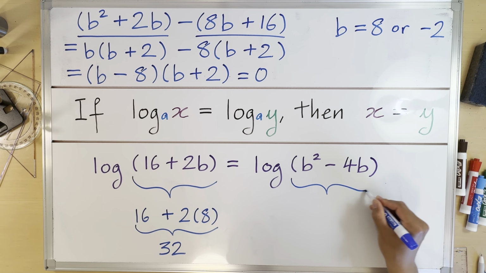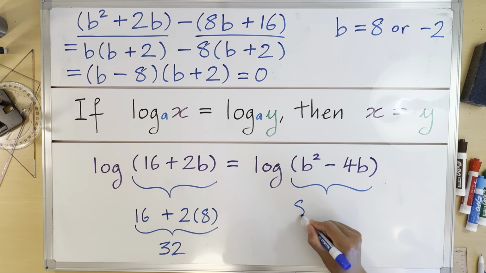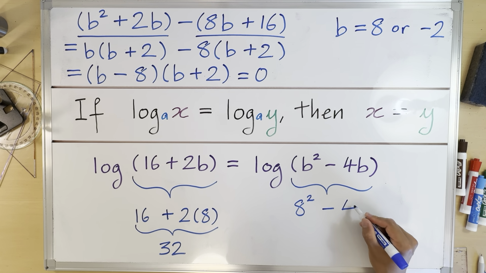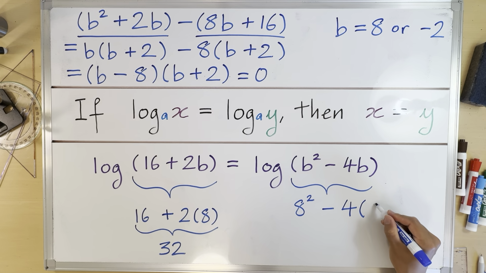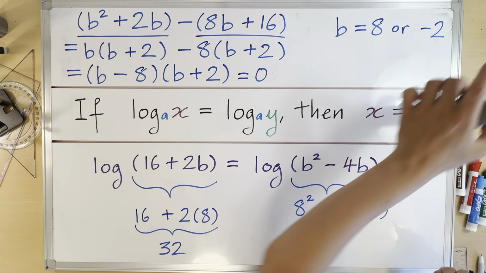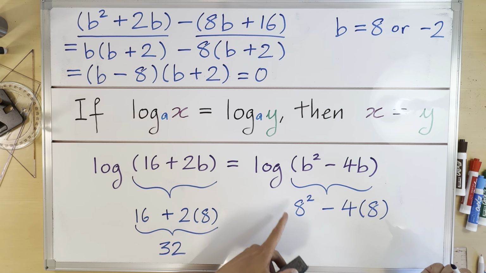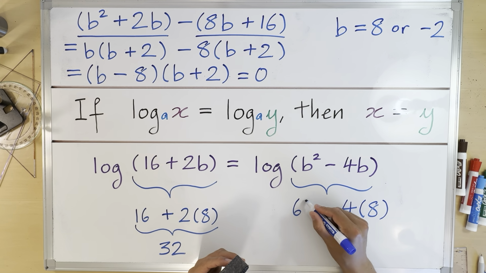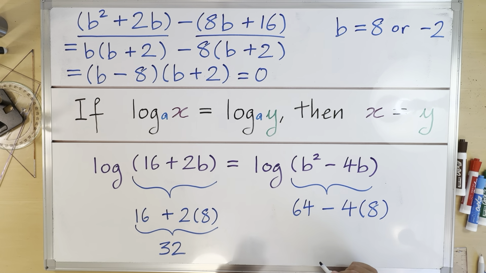This part would become 8 squared minus 4 times 8. 8 squared is equal to 64. So I'm going to erase this and replace it with the number 64. 4 times 8 is equal to 32.